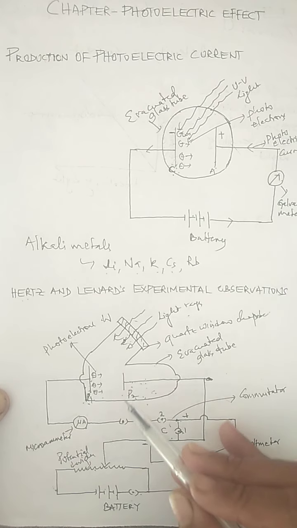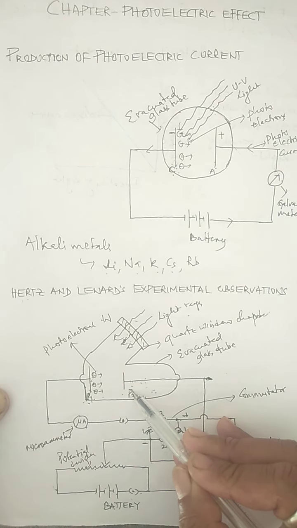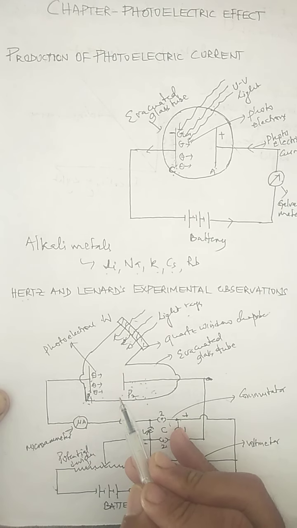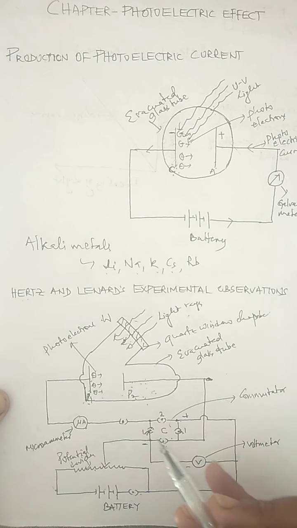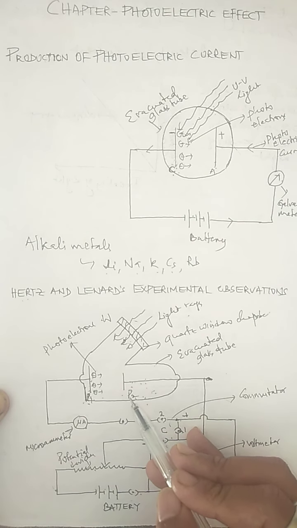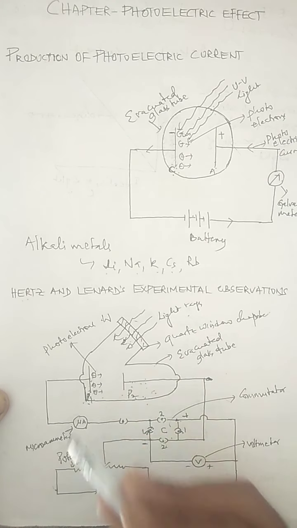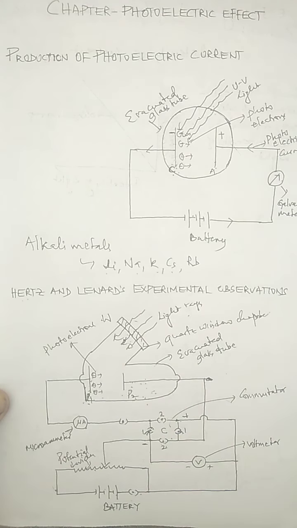Now as the negative potential of plate P2 increases, the number of electrons reaching plate P2 also goes on decreasing, because this negative potential tries to retard the motion of the electrons moving with more kinetic energy.